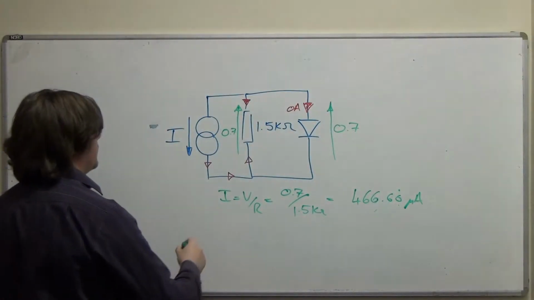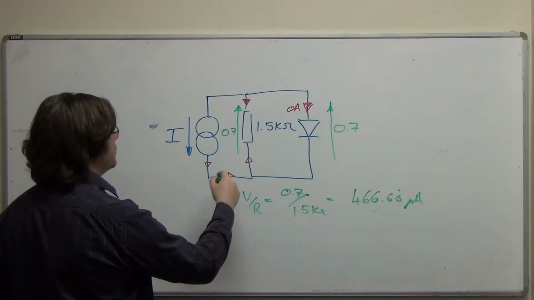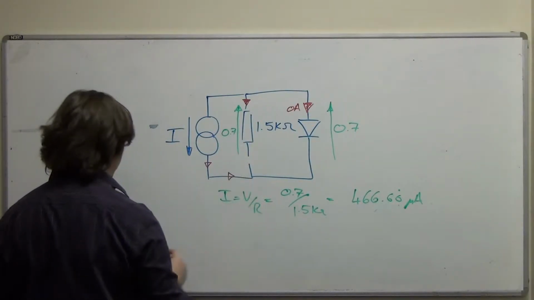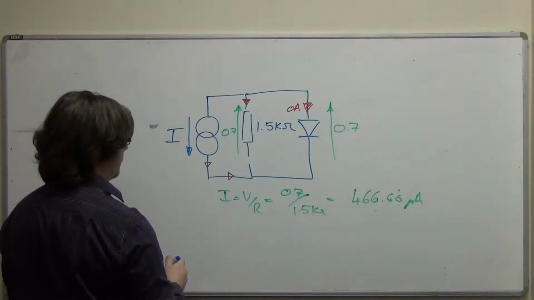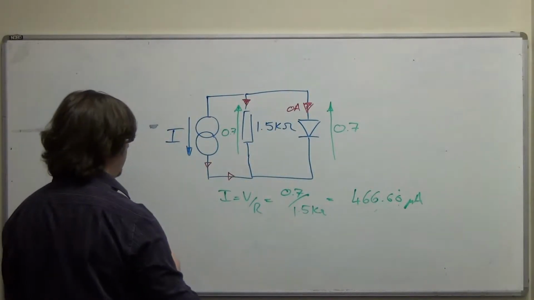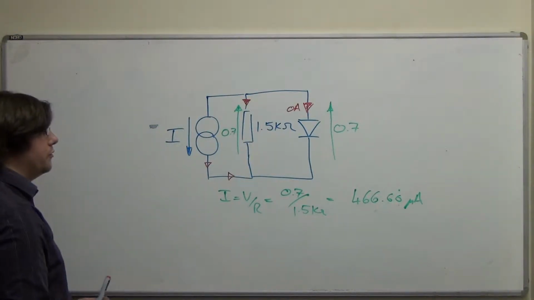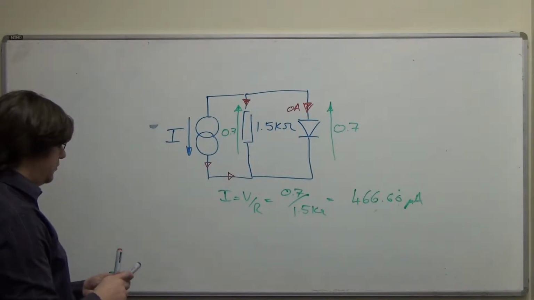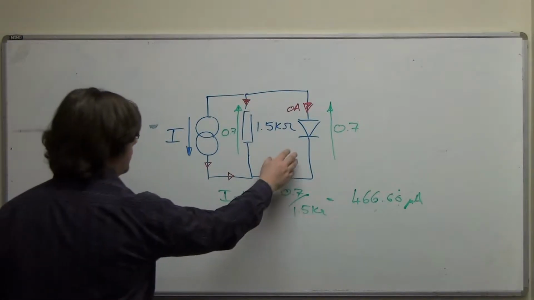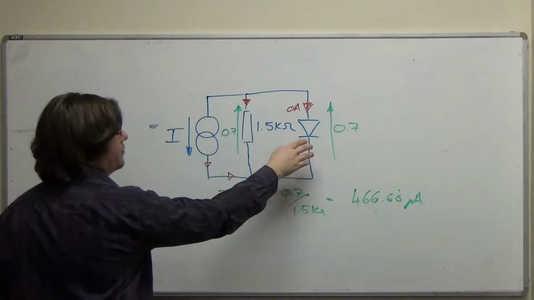So, okay, for this to be the case, we know this current must be doing that. What we need to realise here is that the current which is leaving this source, as the arrow is drawn, is negative, because the diode is on the point of conduction.